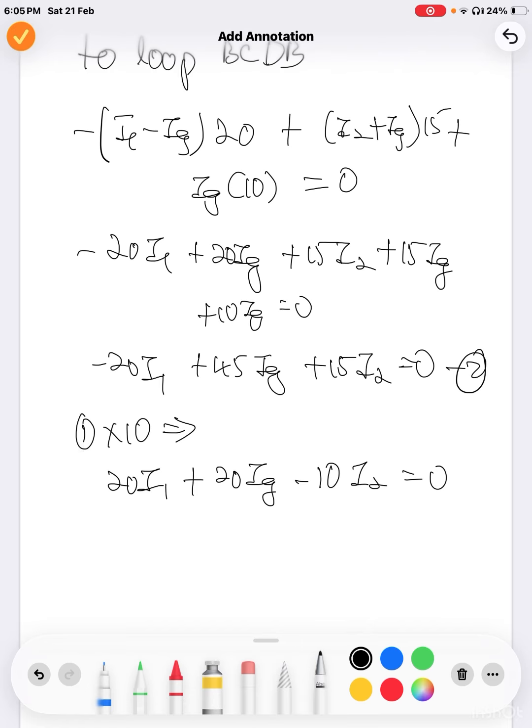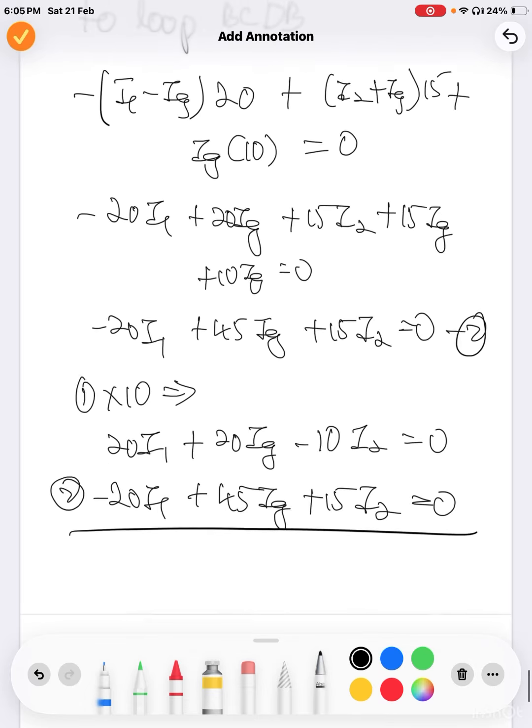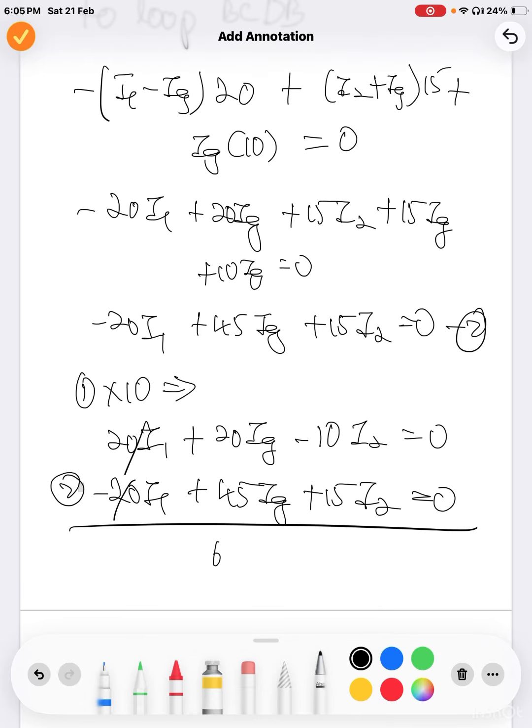And next, I'll take equation 2 as it is: minus 20 I1 plus 45 Ig plus 15 I2 equal to 0. So from this, plus and minus get cancelled. This becomes 65 Ig and plus 5 I2 equal to 0.